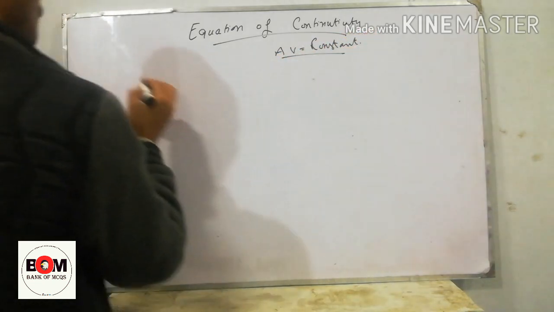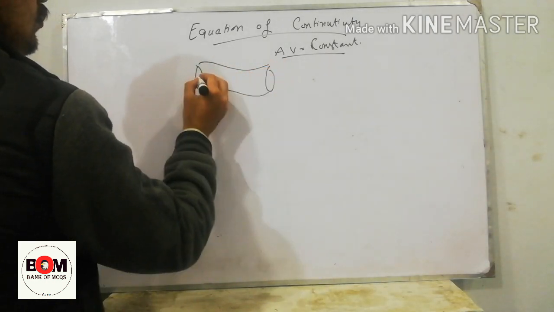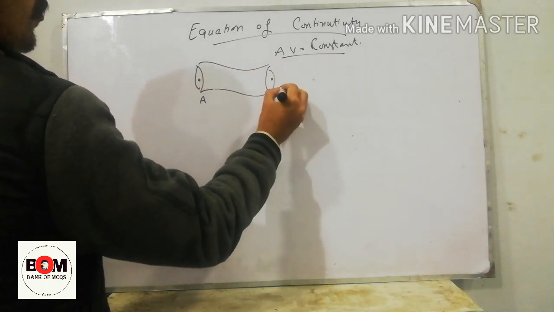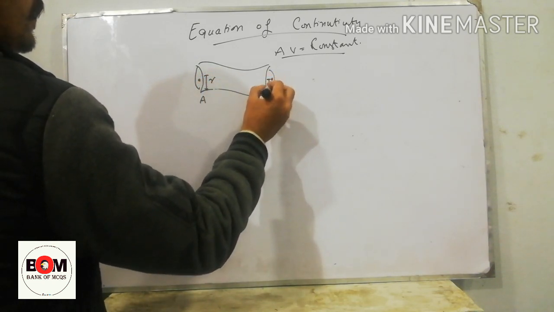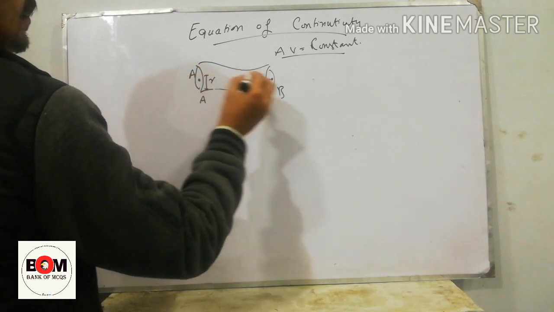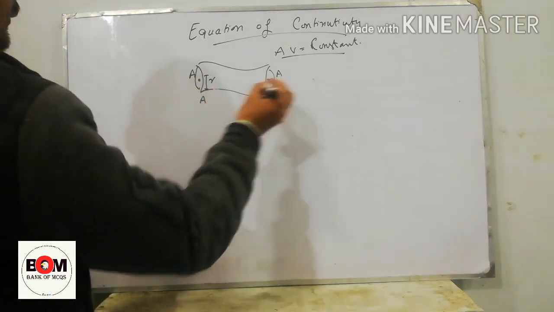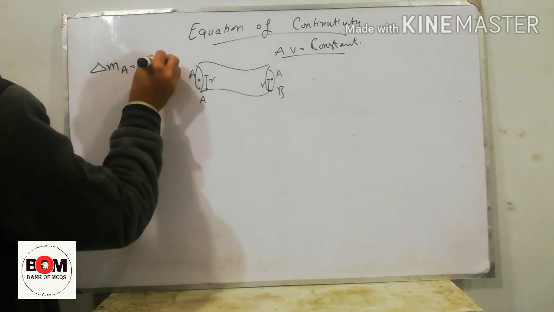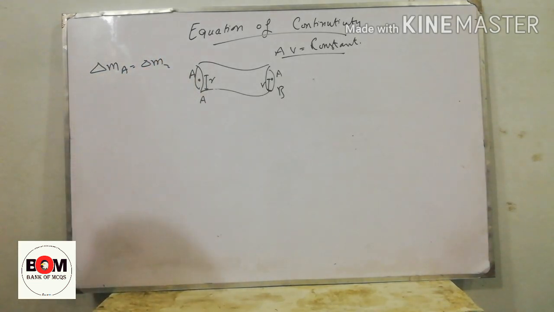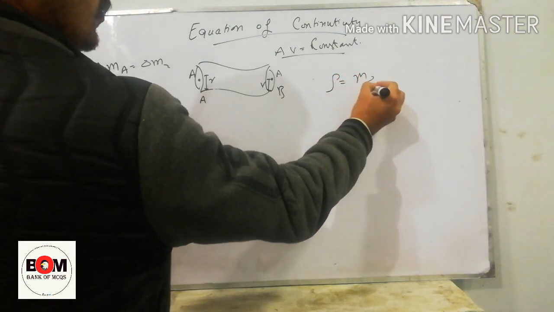Now to prove this, we have a pipe in which fluid is moving. We have two points, point A and point B, of radius R_A and R_B, with areas A. At point A and point B, the mass at point A is equal to the mass at point B.